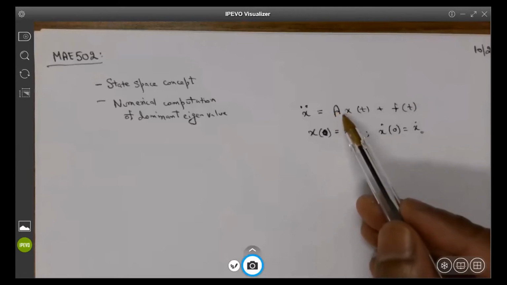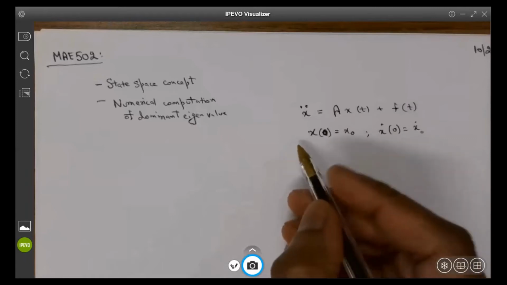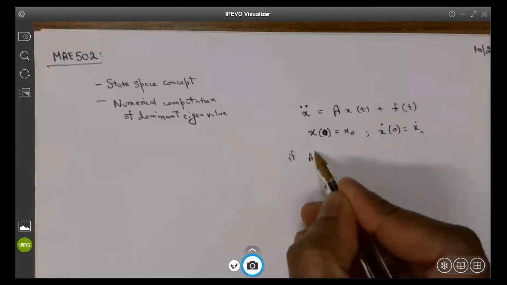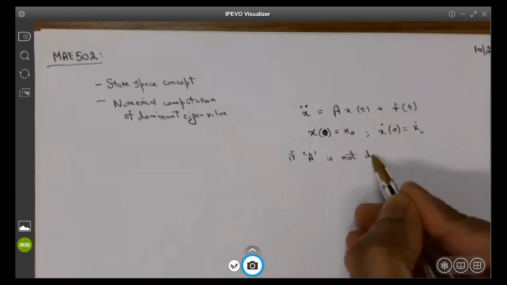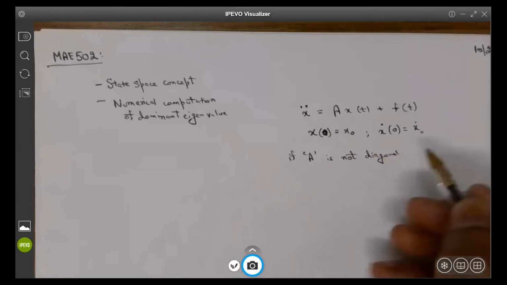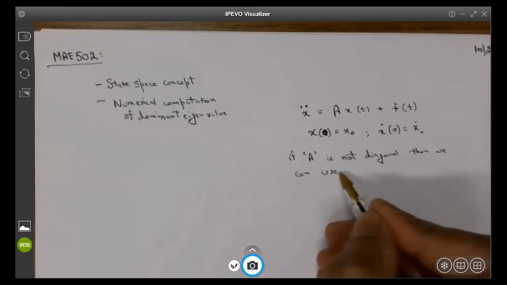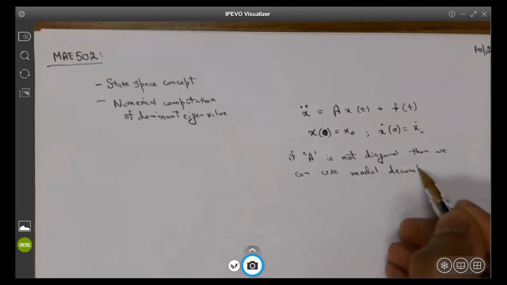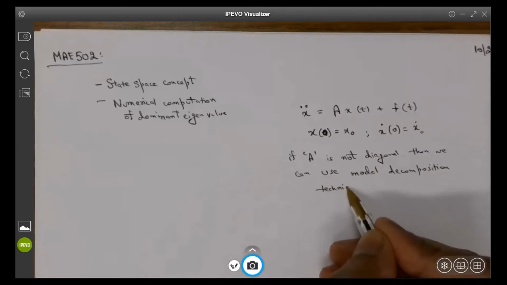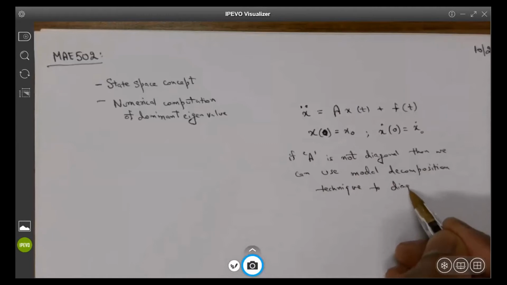One way that we can solve it: if it is a coupled system where the A matrix is not diagonal, then we can use the modal decomposition technique to diagonalize it.